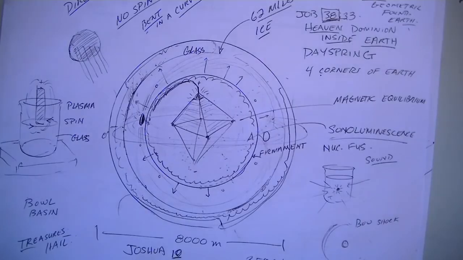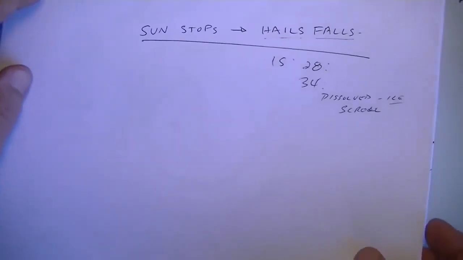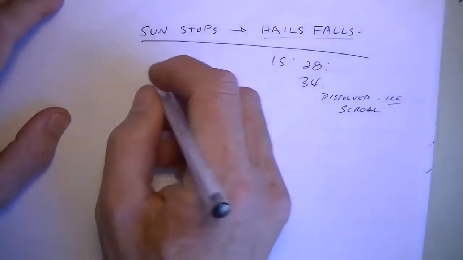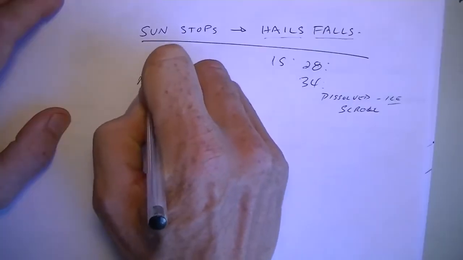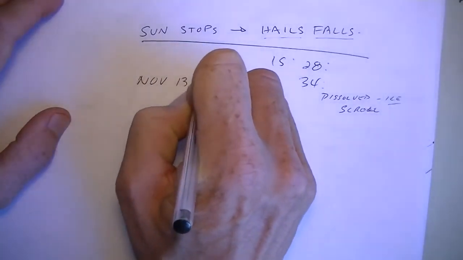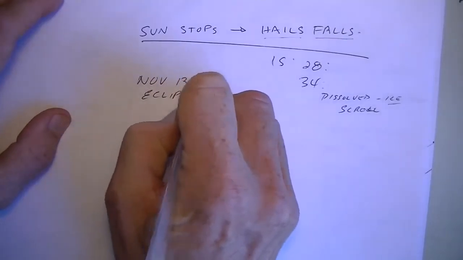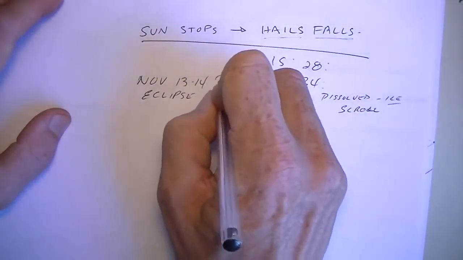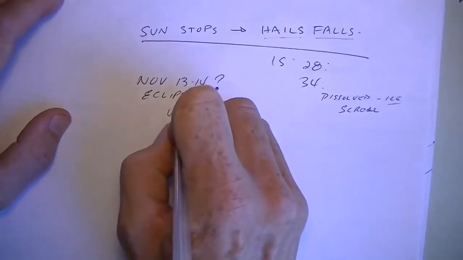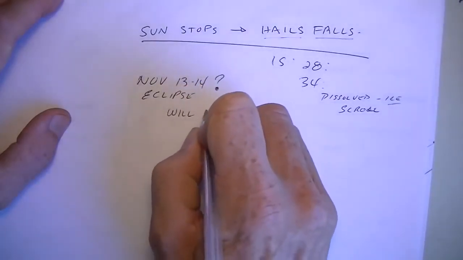There's also another verse, I can't find it now, but it says the sun will be ashamed. Why will it be ashamed? Because it's going to be hiding behind the moon. So I'm foreseeing this as a possibility. I'm not saying it's going to happen, but November 13th, 14th, eclipse over Australia. Will the sun stop? Will the moon stop?